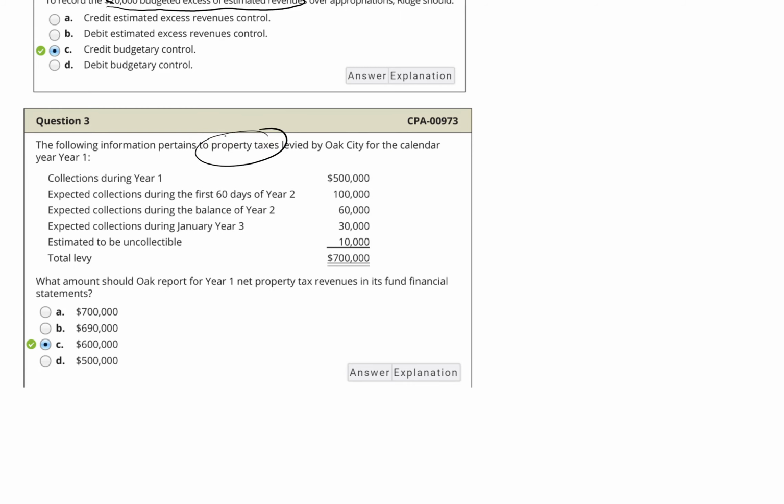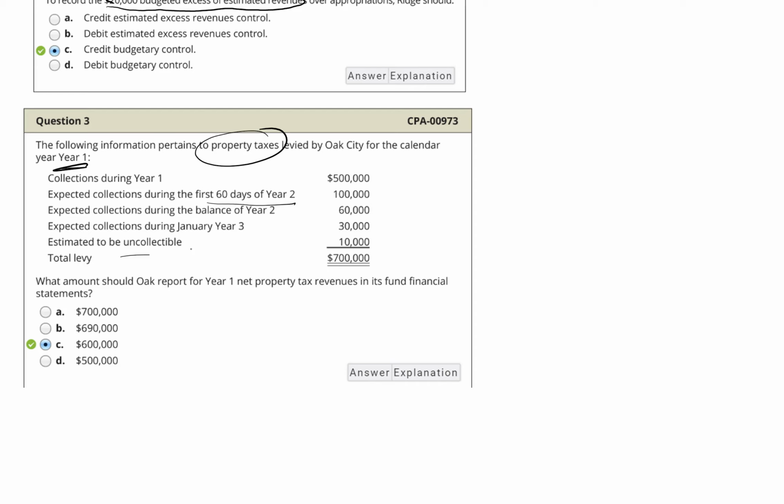Now the next question. The following information pertains to property tax, real estate or property tax, levied by Oak City for calendar year 1. And now you see the collections during year 1, estimated collections within the first 60 days of year 2, then year 2 for the remainder, and year 3, and they also have uncollectible amounts. So we just learned that when you record revenue, it should be measurable and collectible within 60 days of the end of the year.